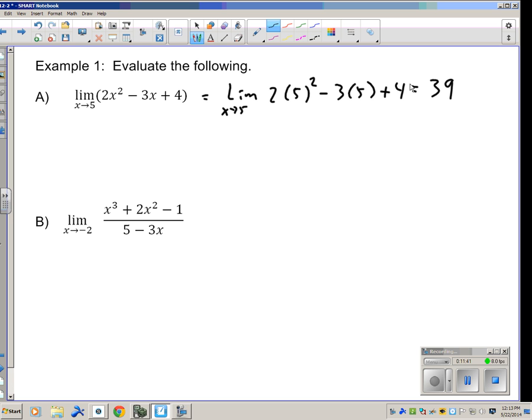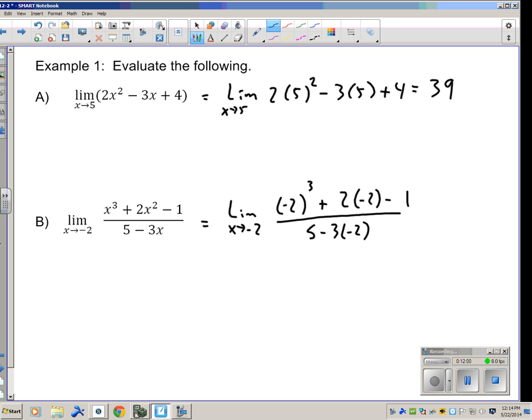Same thing with part B, you can just use direct substitution. The limit as x approaches -2, provided that you don't end up getting a 0 down in your denominator. So doing that, as x approaches -2 there, then ends up being, what do we got, -8 minus 4 minus 1 all over 11.